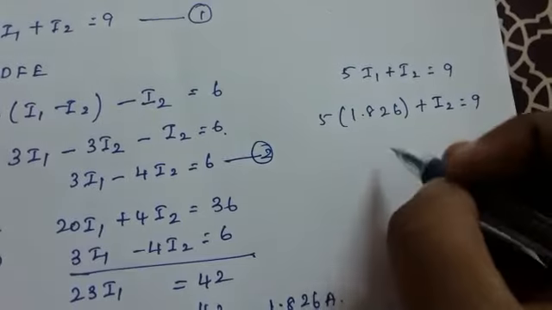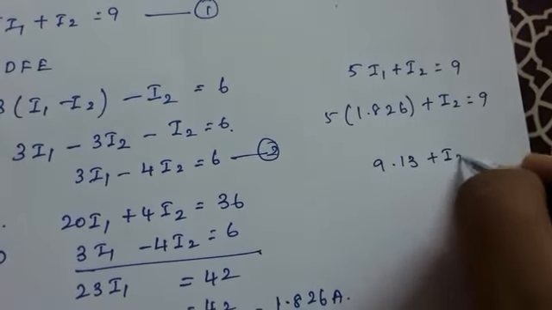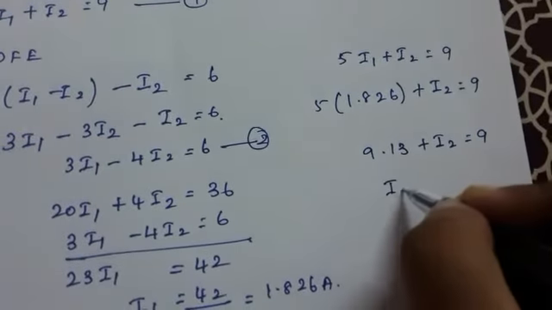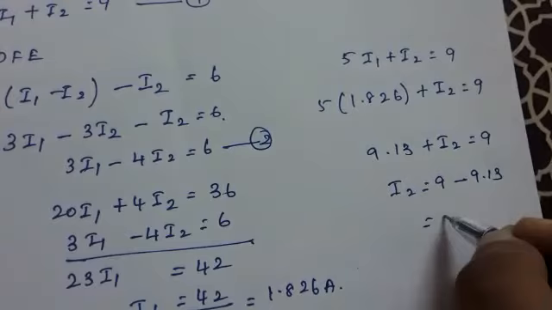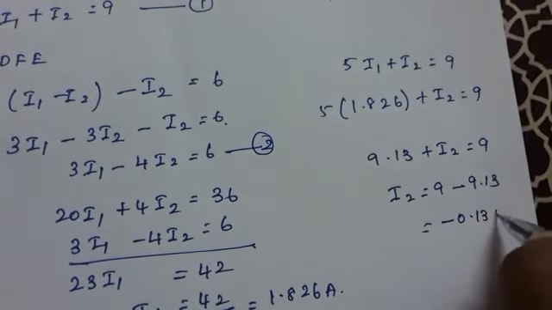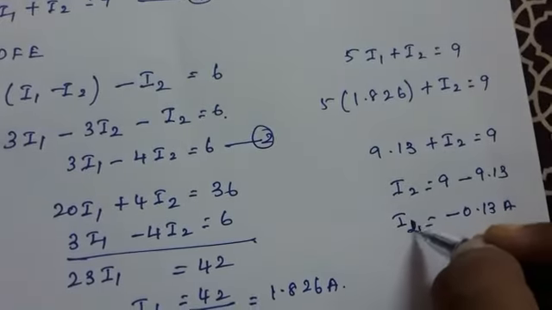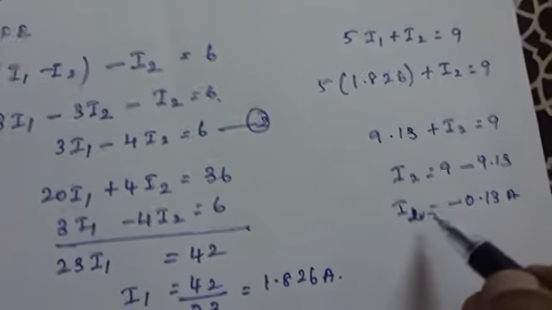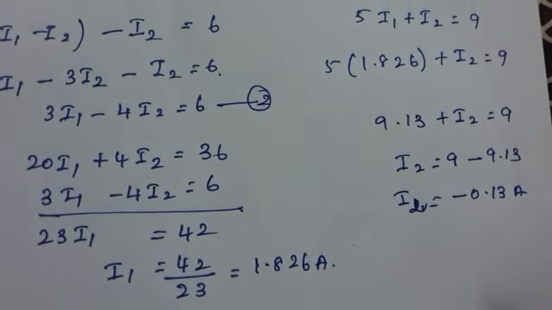If you multiply this value, you will be getting 9.13 plus I2 is equal to 9. So I2 is equal to 9 minus 9.13, that is minus 0.13 ampere. So your I1 value is 1.826 and your I2 value is minus 0.13 ampere.